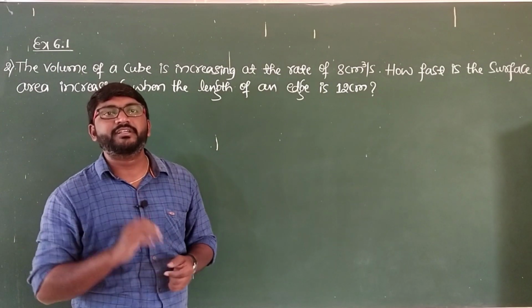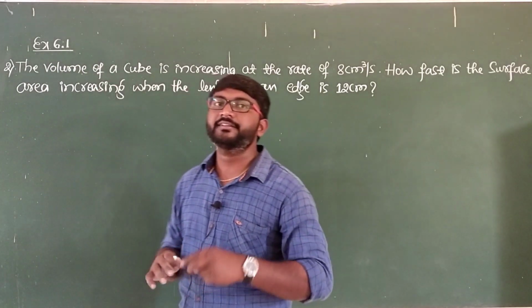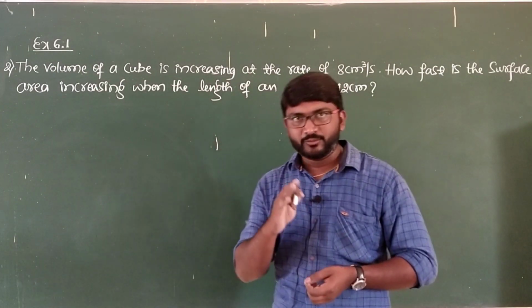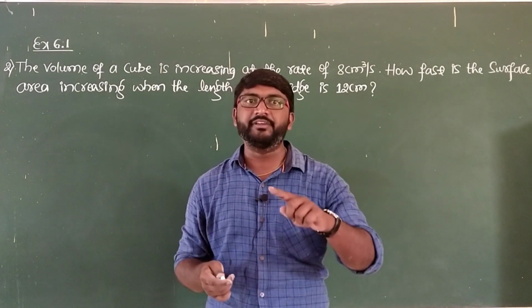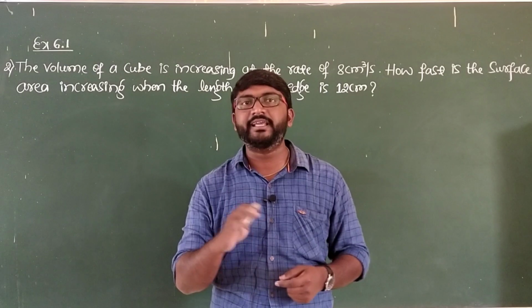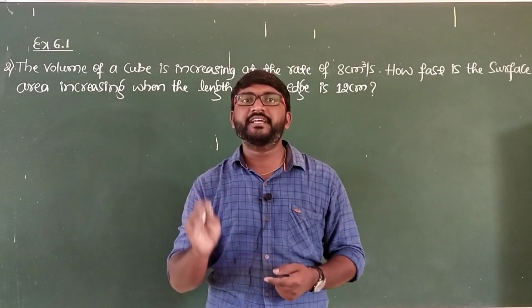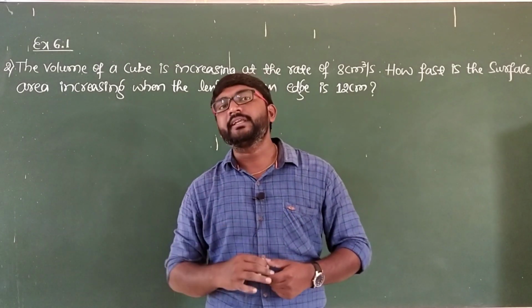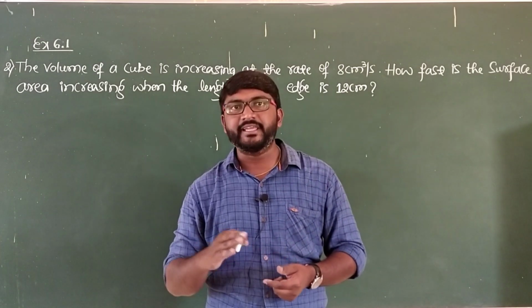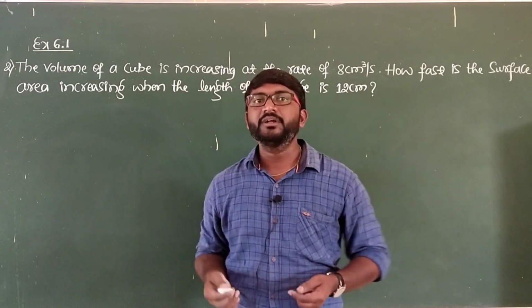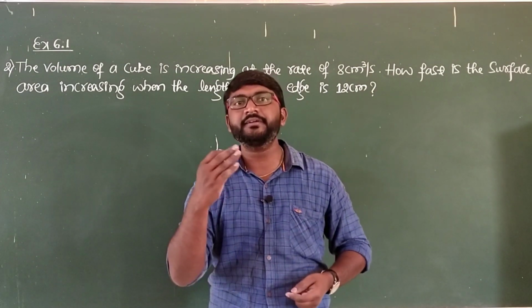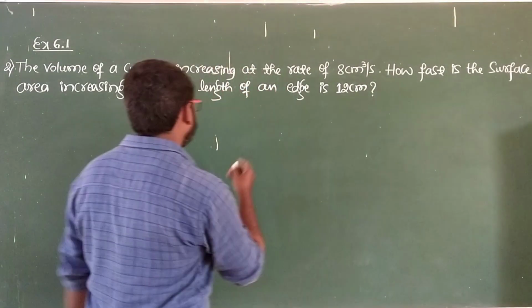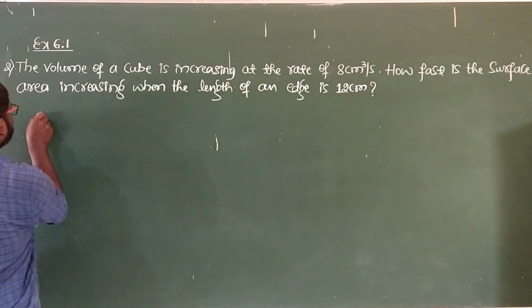So here he is talking about the volume of a cube and surface area of a cube. Volume of a cube, the formula is V equal to x cube, if you take the length of the edge as x. In case you take the length of the side as a, it is a cube. And the surface area is going to be 6x square or 6a square. So I will be writing those two formulas now.